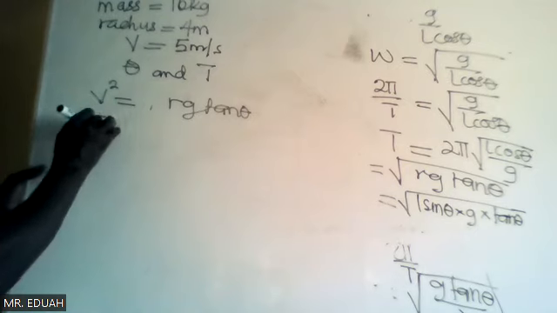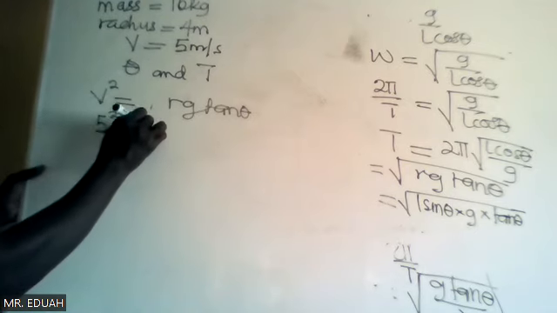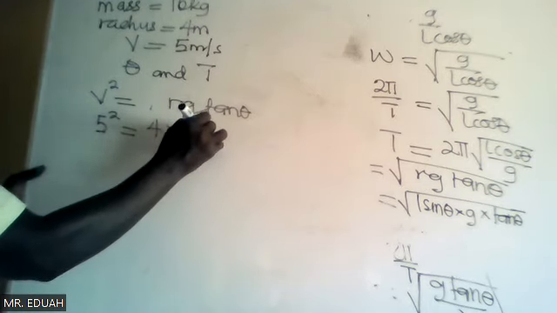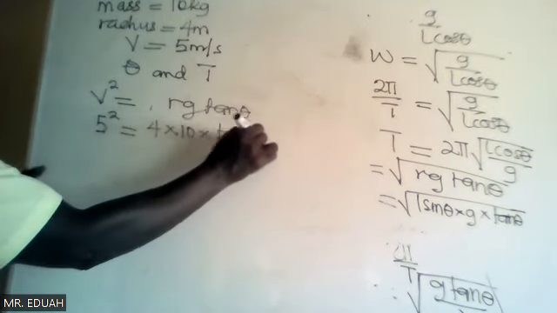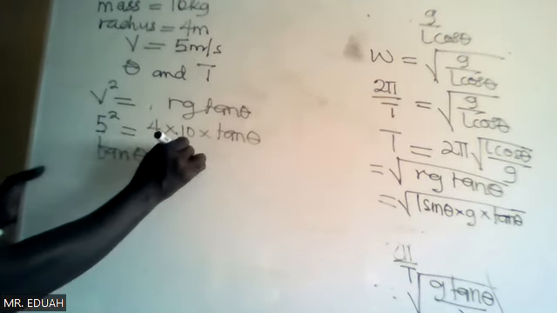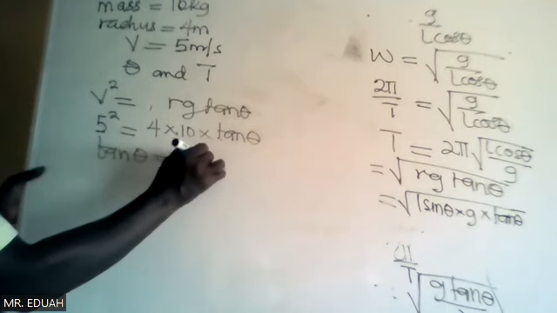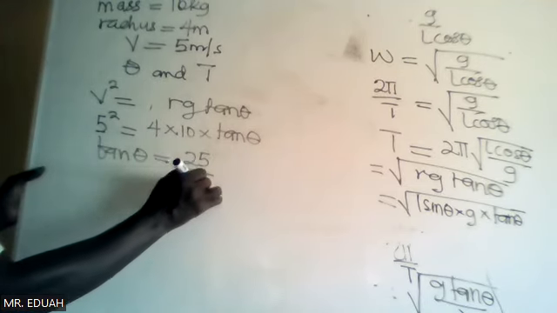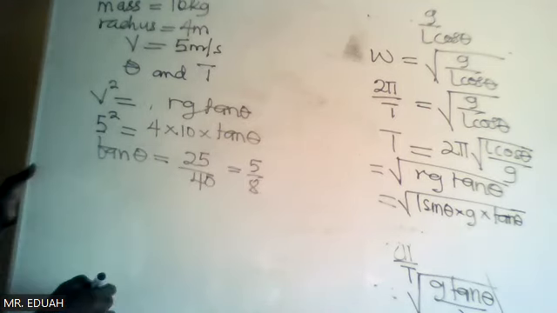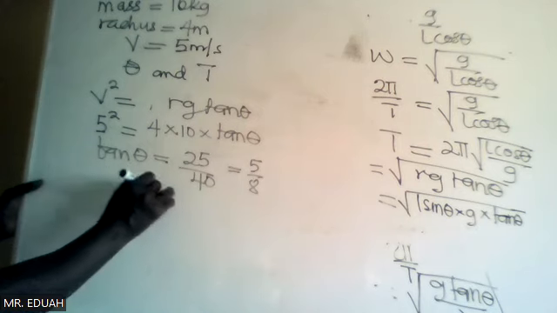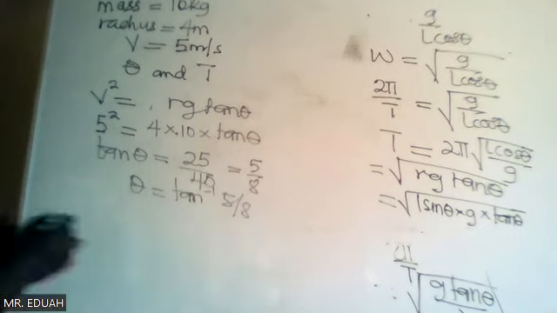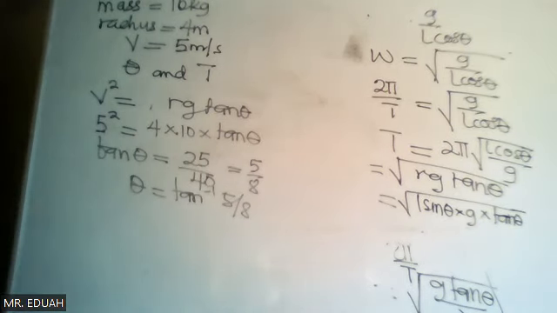So 5 squared is equal to the radius, which is 4, gravity is 10, times tan theta. So tan theta is equal to 25 divided by 40, which is 5/8. So theta is the tan inverse of 5/8. What did we get for theta?